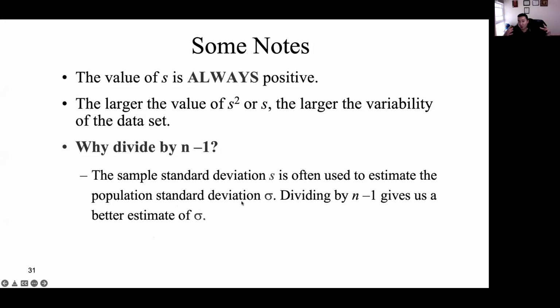We take a sample of 10 concrete blocks and calculate the standard deviation using the previous equation; we call that the sample standard deviation S. The idea is to estimate sigma using S. Because sigma is a little bit larger than S, dividing by n minus 1 better estimates sigma.